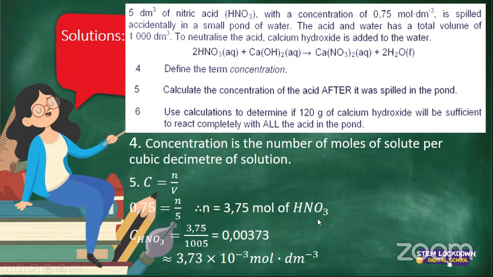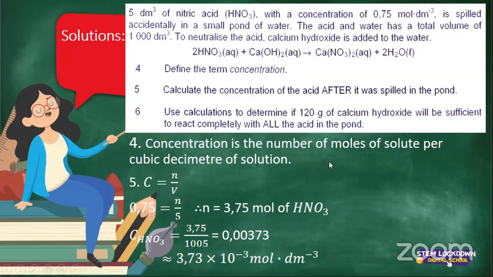So now, what will be the new concentration? The new concentration will be the number of moles divided by volume. So the volume here should not be 1,005, it should be just 1,000.